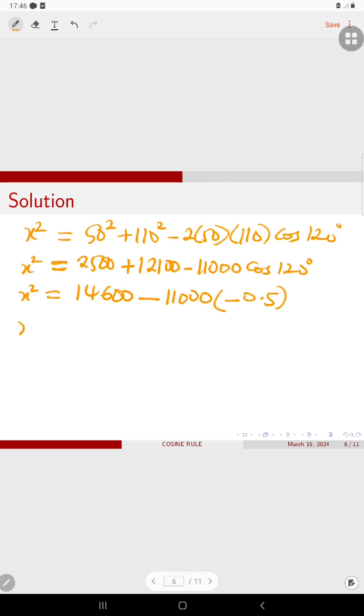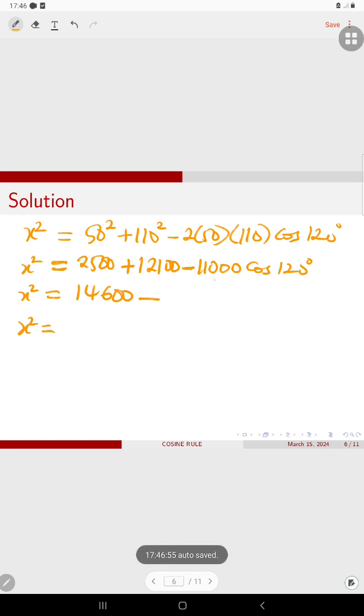Or better still, you can do it this way, straightforward. You can enter 11000, enter the whole of this, break the minus, cos 120, I will still get a negative answer. Don't make mistake. The negative is already in the formula, so I've brought it.